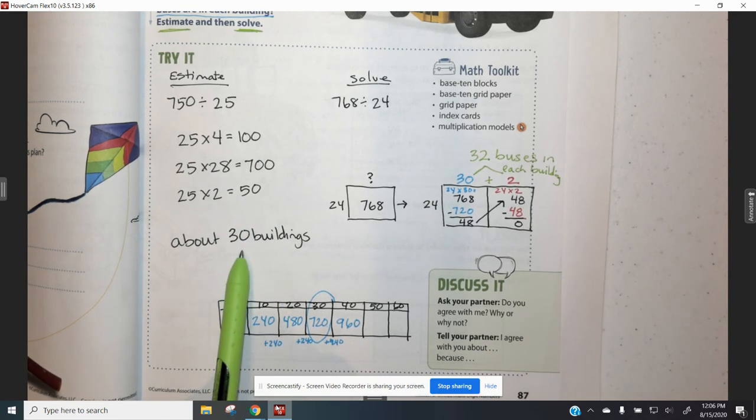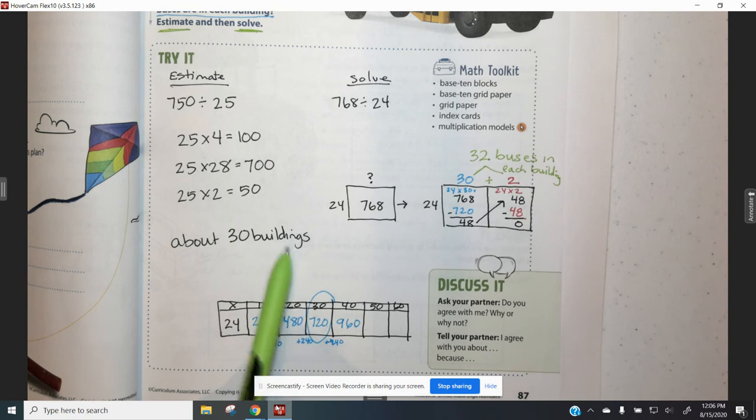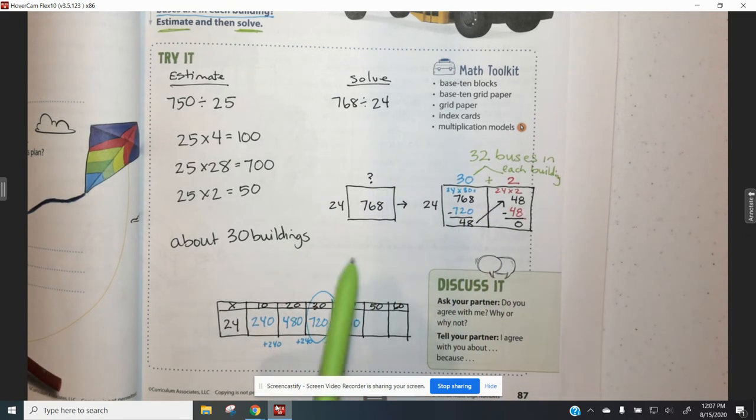Yeah, it was definitely close. If we had said about 30 buildings, we wouldn't have had enough buildings, but that's okay because we would have been close. So that is how you solve a division problem using an area model with a multiples of 10 chart. Don't worry, we'll be practicing that more if that didn't make any sense.